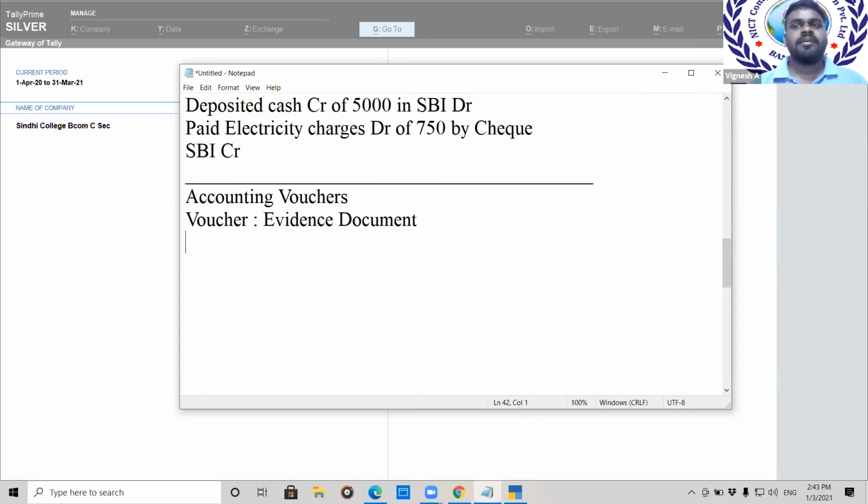Was I clear, or do you want me to repeat it? Yes, sir, like a proof. Yes, it's a proof. If I want to see that your company has done a purchase, or has done a deposit, what is the evidence that a company has done a deposit?